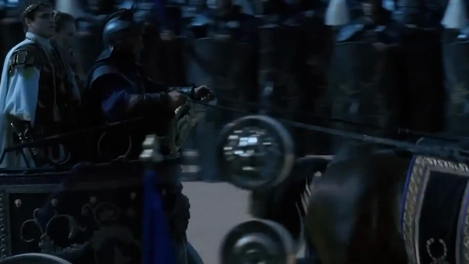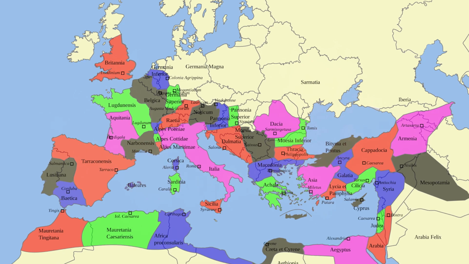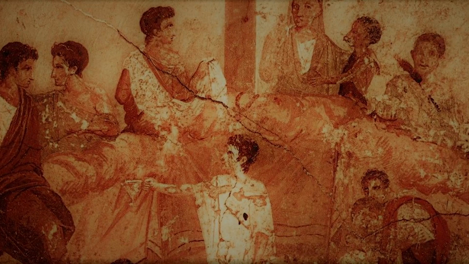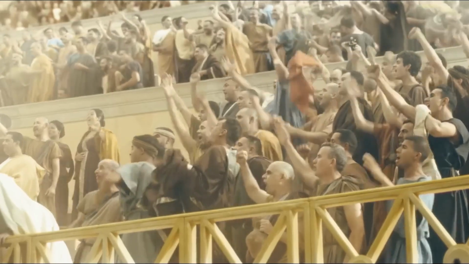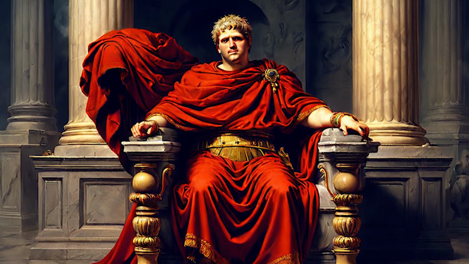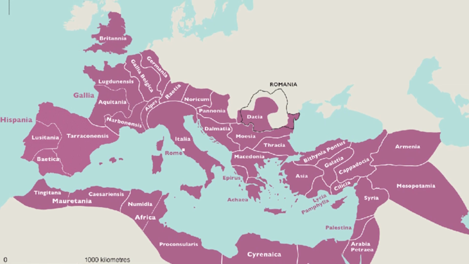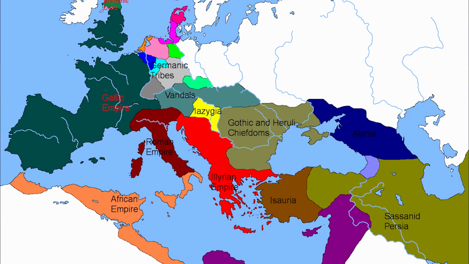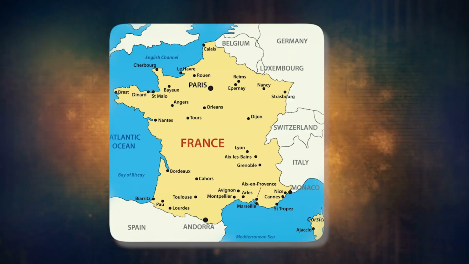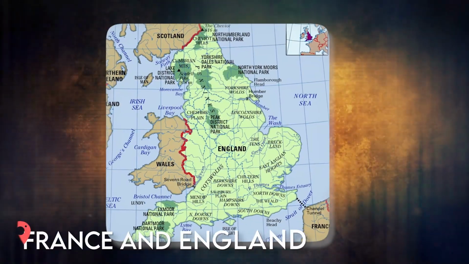Externally, the repercussions of internal turmoil became evident as semi-autonomous provinces, each with its distinct culture, sought independence. Amid a succession of weak and erratic emperors, territories began breaking away rapidly. The Gallic Empire emerged as the first to declare autonomy, encompassing much of modern-day France and England.